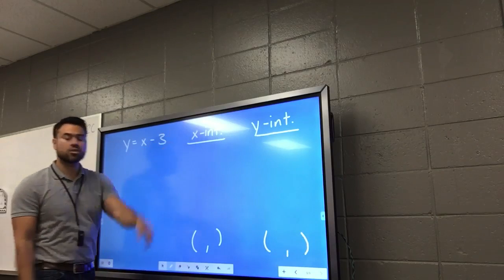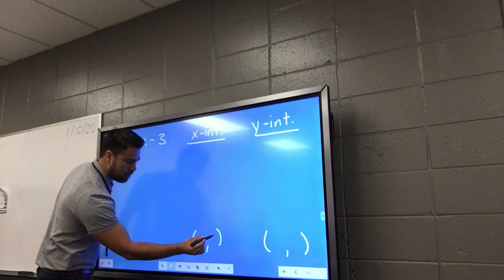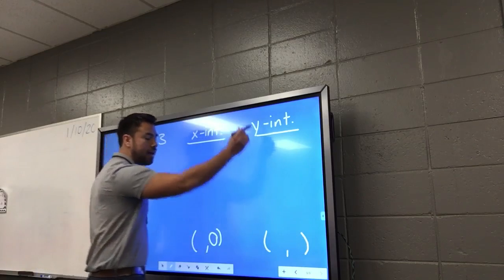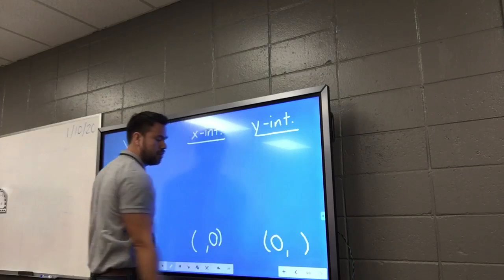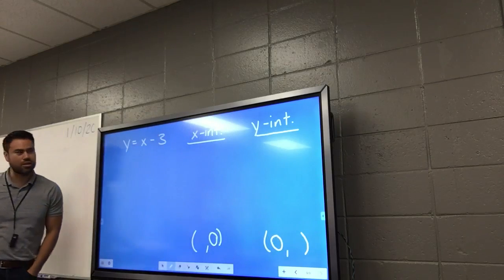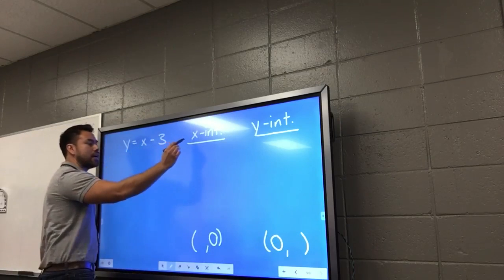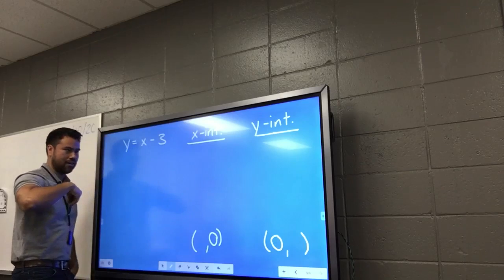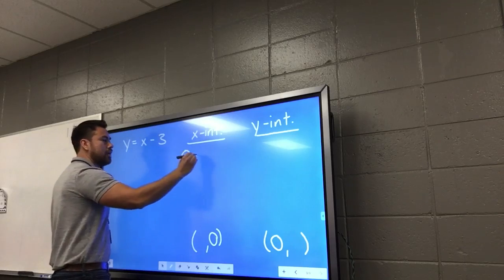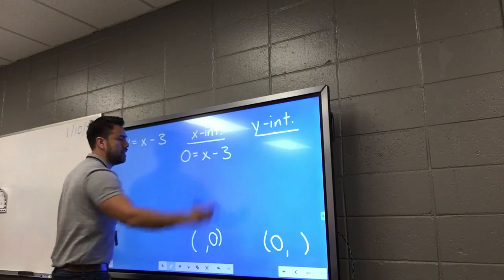For an x-intercept, what does y always equal? 0. And for a y-intercept, what does x always equal? 0. You just have to find the other number. To find the x-intercept, you make y 0. So 0 equals x minus 3.